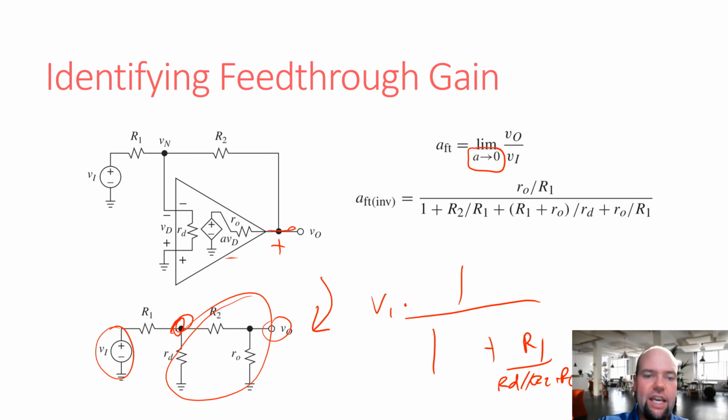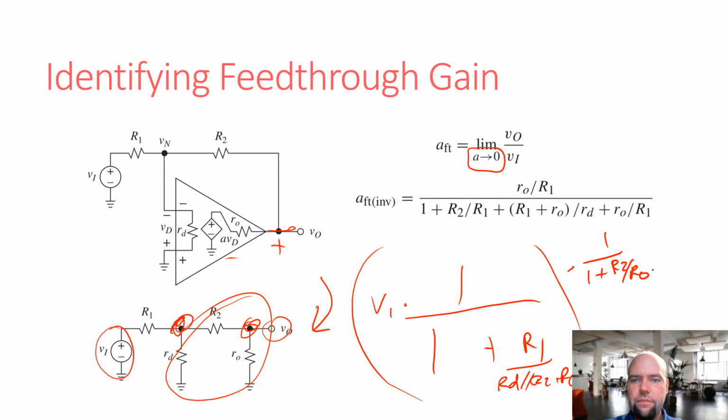Now, the voltage here divided to produce the voltage here, what's that going to be? The voltage here divided to produce V out is going to be, one more time, we're taking the voltage here, which is this whole thing, times 1 divided by 1 plus R2 over RO.